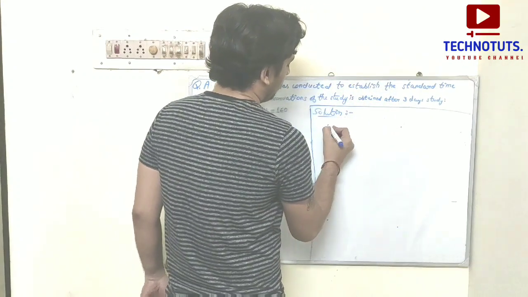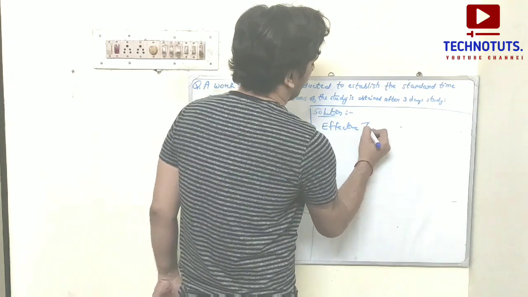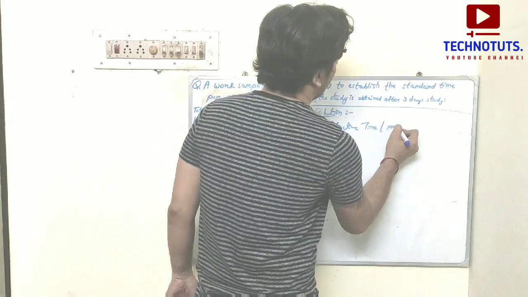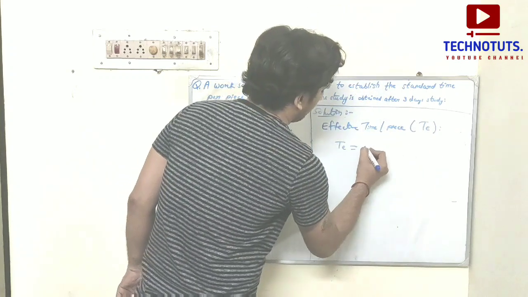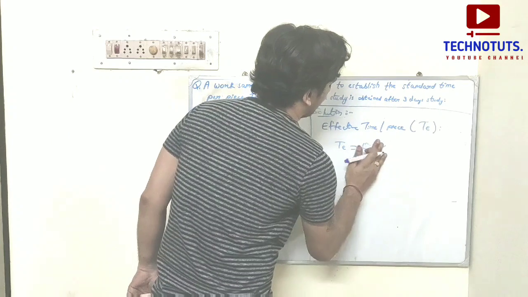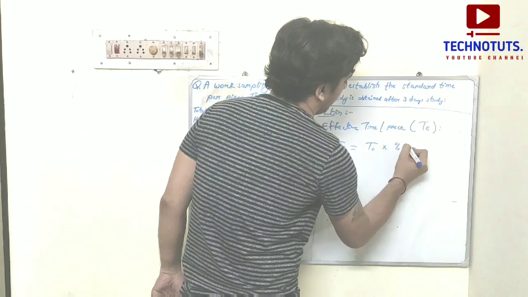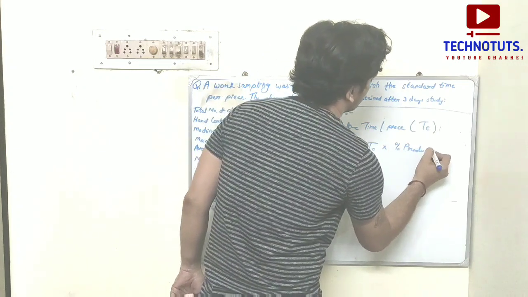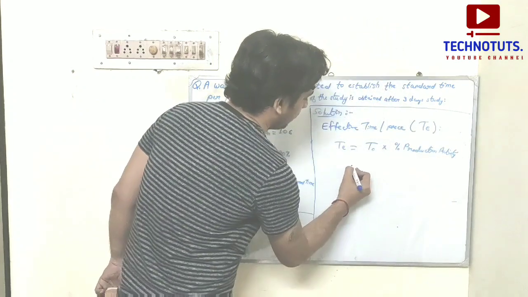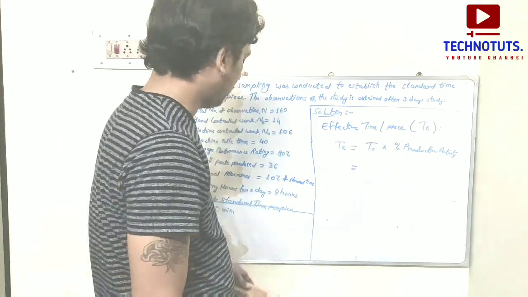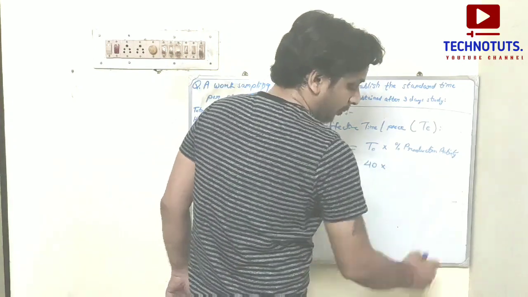Okay, so TE is equal to TO into percentage production activity. We have already obtained overall time. Overall time we have obtained is 40 minutes. So let's put the value over here, 40 minutes into percentage production activity.